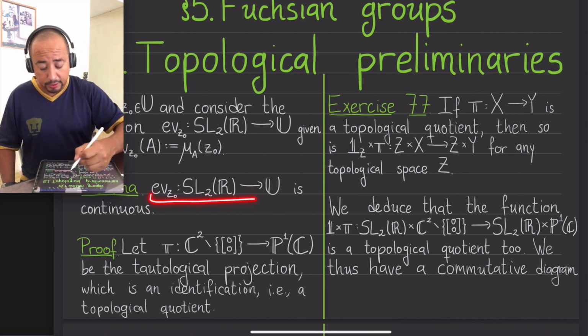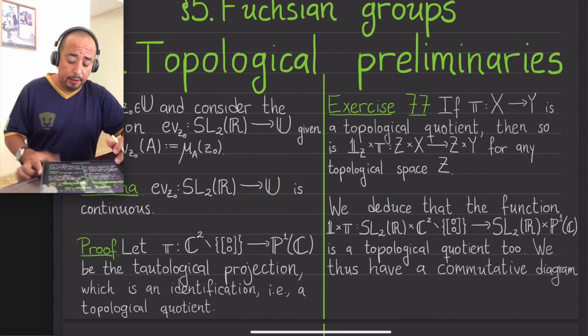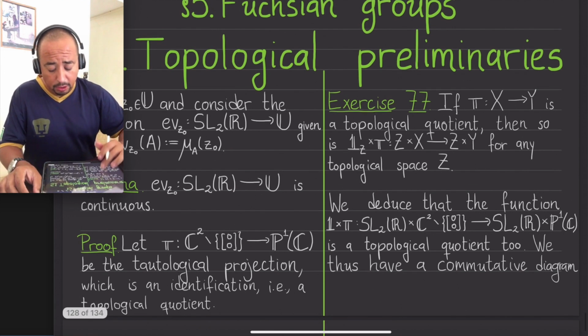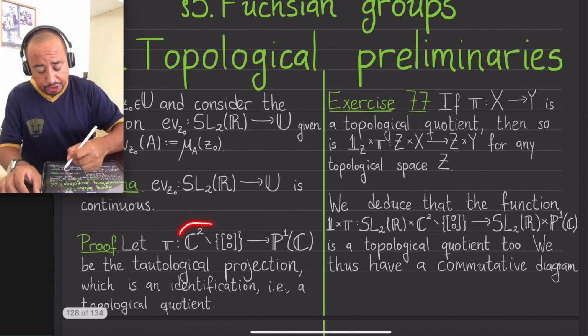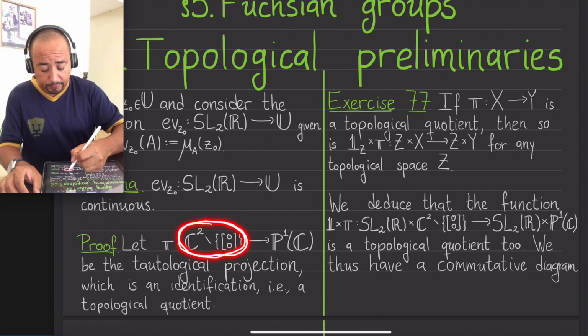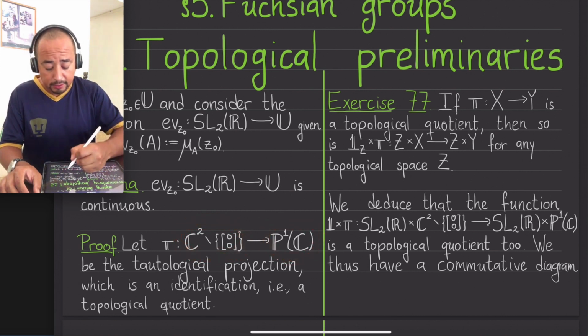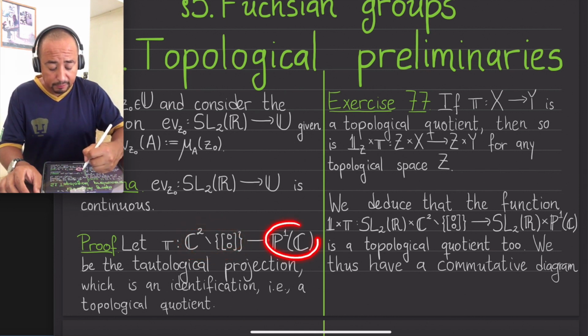this function is continuous. So we know that we have a tautological function from the set of non-zero vectors of C squared to P1C, I mean the function that to each non-zero vector associates the one-dimensional subspace spanned by that vector.